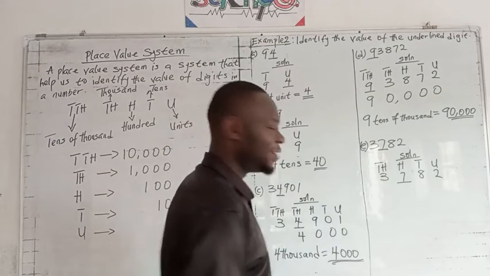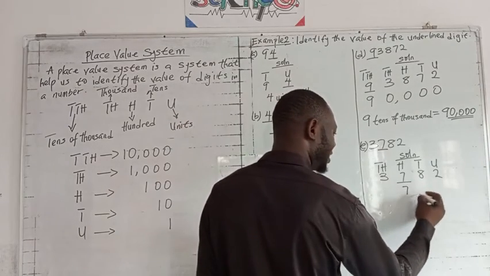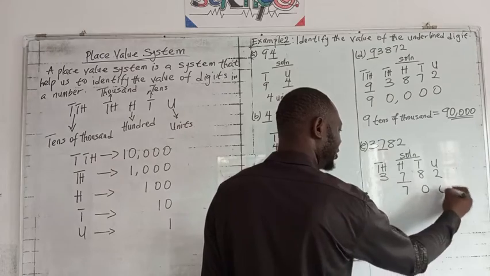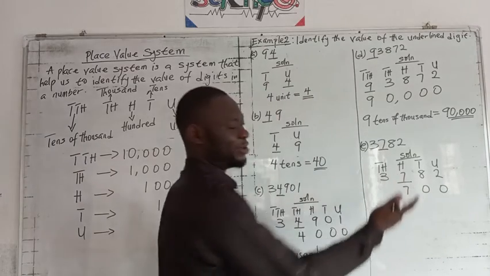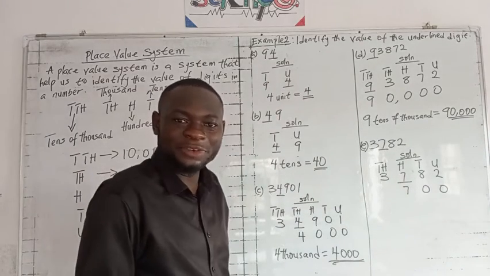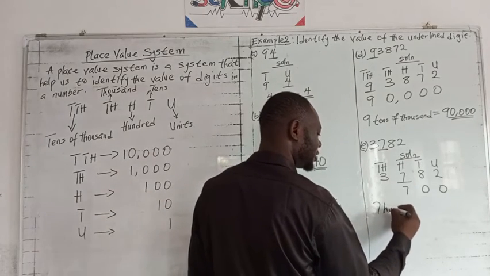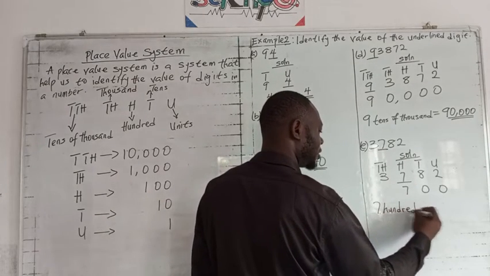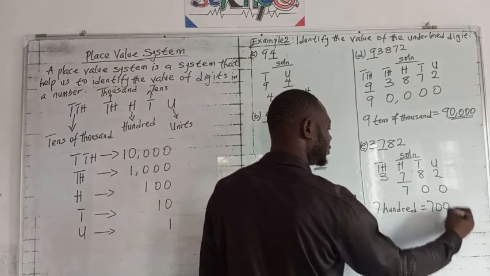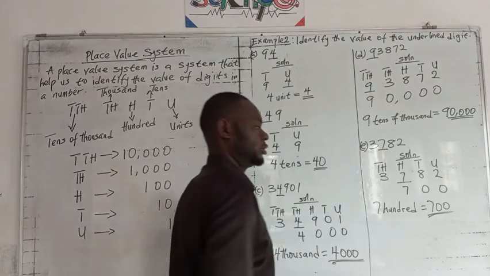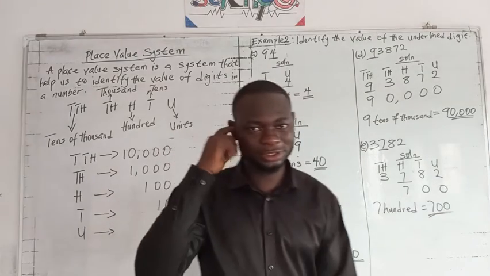So what's the value of 7? 7 comes down, here becomes 0, here becomes 0. So the value of 7 is what? 700. Because the place value of 7 is 100. Which is 700. Is that understood?